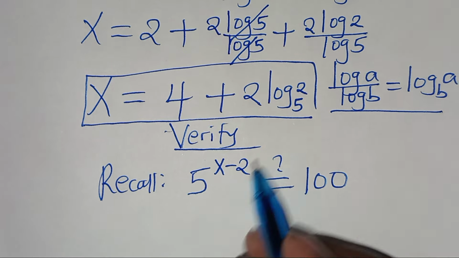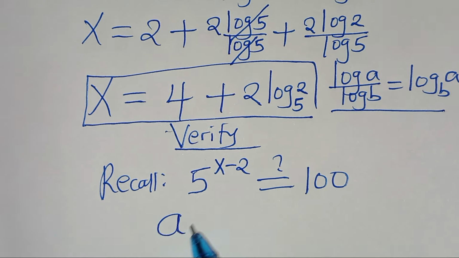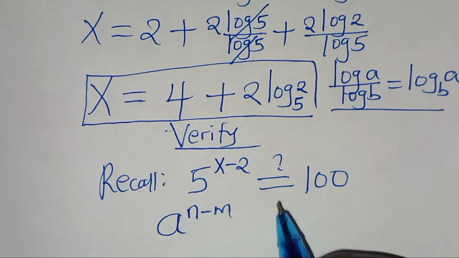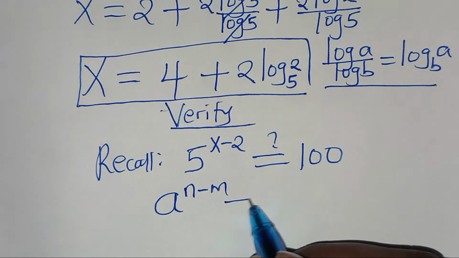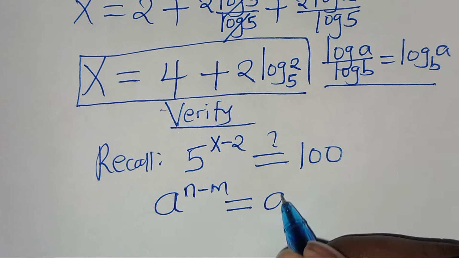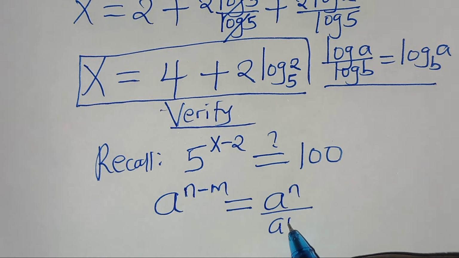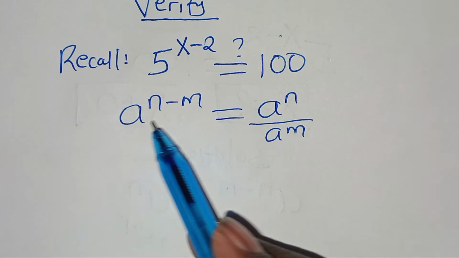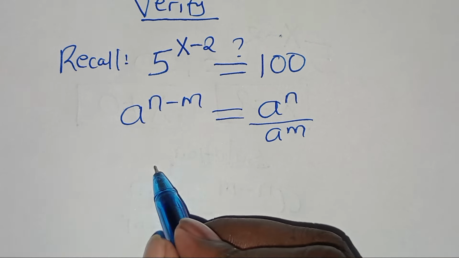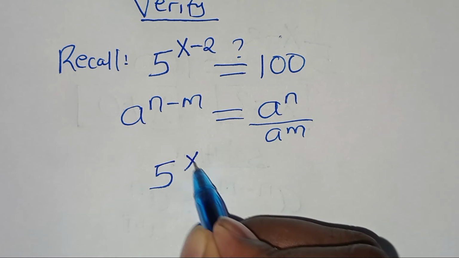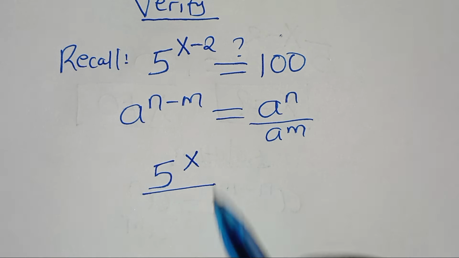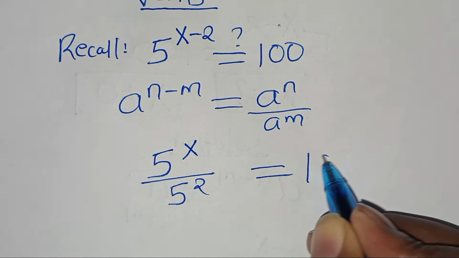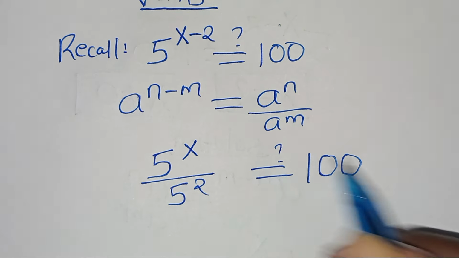Now, this exponential equation is in the form of a to the power of n minus m, and this implies that we can express this as a to the power of n divided by a to the power of m. Applying this exponent property, then here we have 5 to the power of x divided by 5 to the power of 2. This should give us a value of 100.